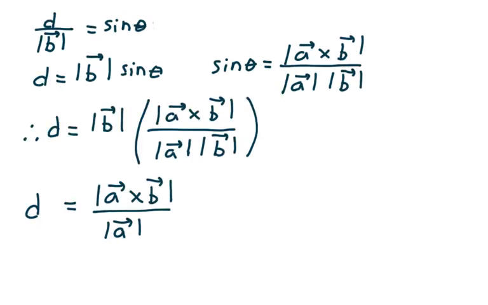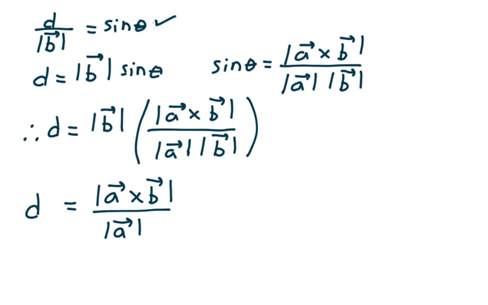Now, D over the magnitude of B is equal to sine theta. So if I multiply both sides by the magnitude of B, I get D equals the magnitude of B times sine of theta.